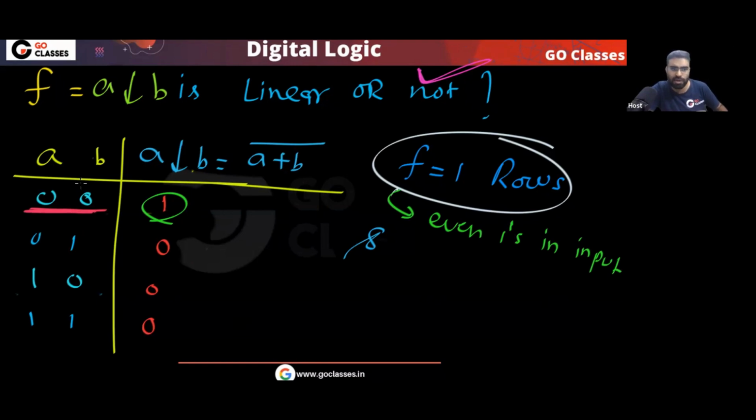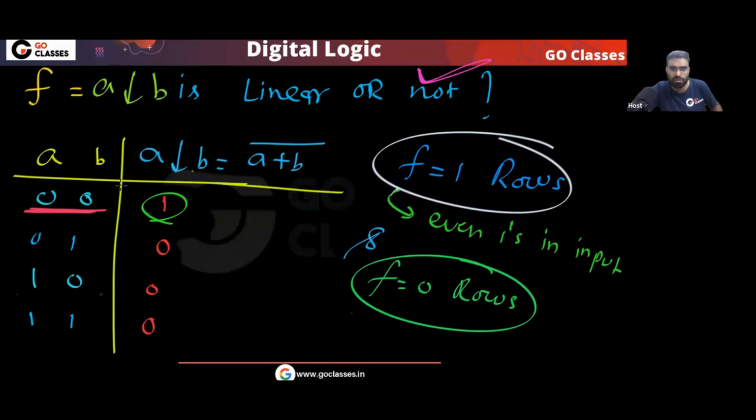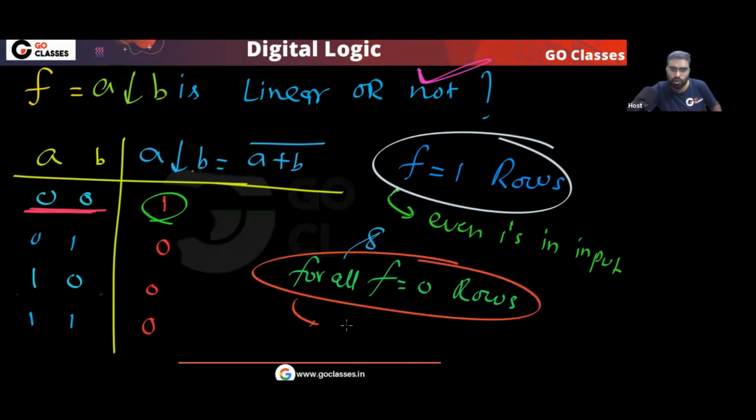In the input there is no 1, that means 0, and 0 means an even number of ones. So whenever f is 1, you have an even number of ones in the input. Then the same must happen for all f equal to 0 rows. What must happen? You must have an odd number of ones in the input.